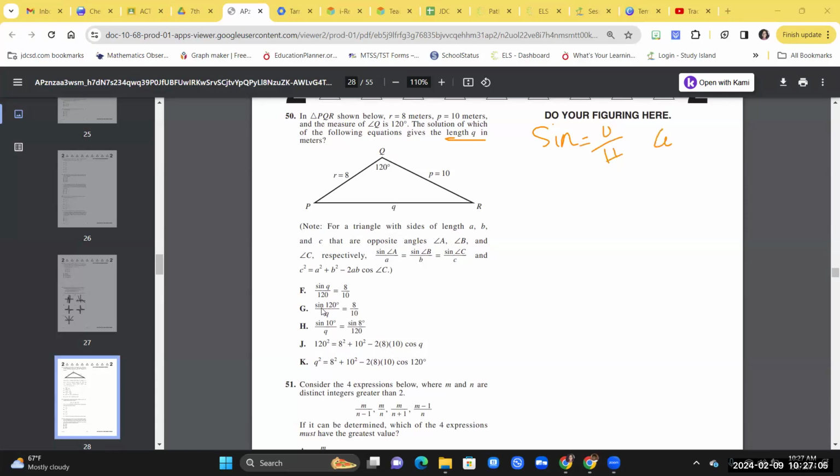Opposite of one times cosine, adjacent of opposite of adjacent.